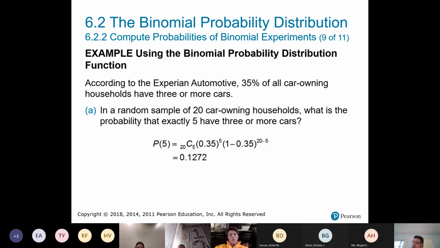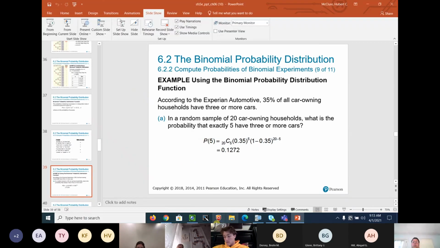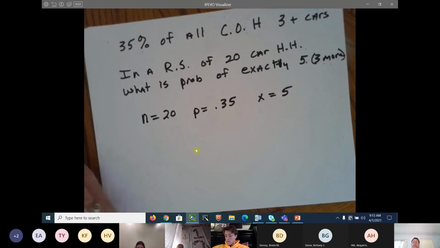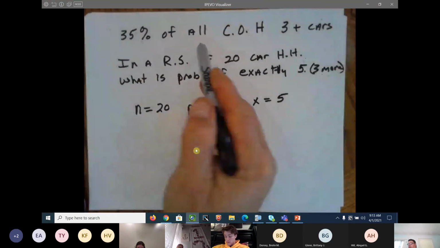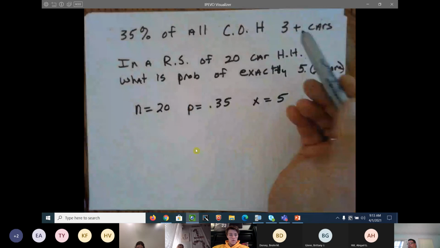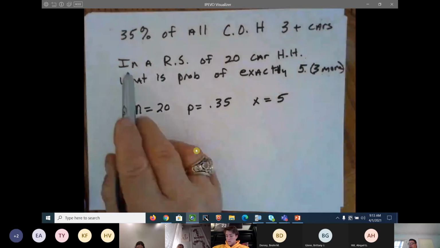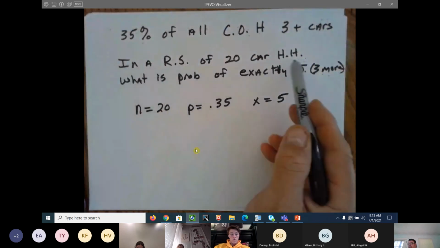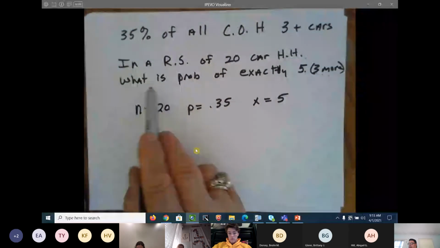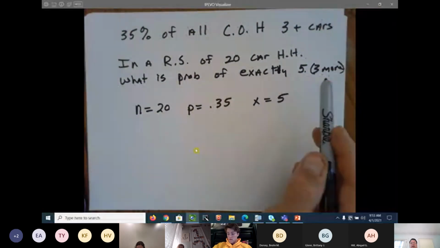So N is equal to 20, P is equal to 0.35, and X is equal to 5. Okay, 35% of all car-owning households have 3 or more cars. In a random sample of 20 car households, what is the probability of exactly 5 having 3 or more?